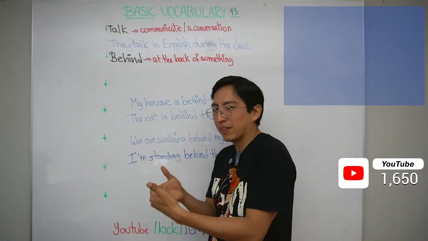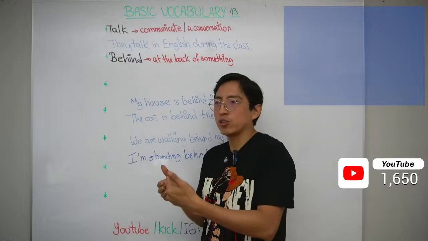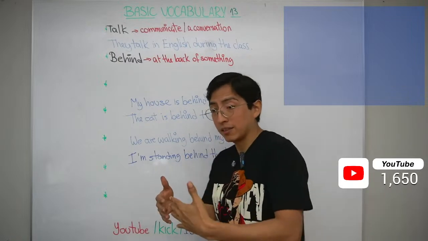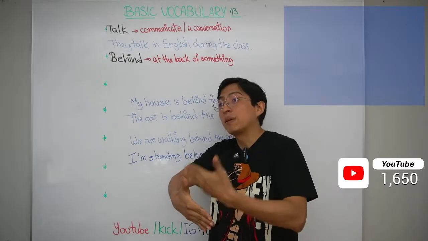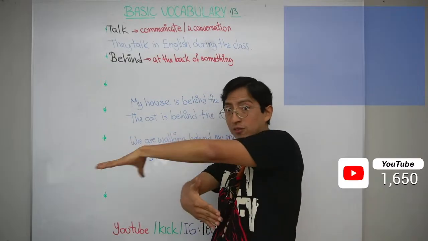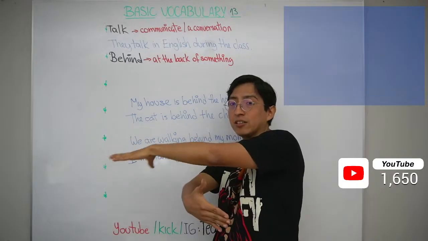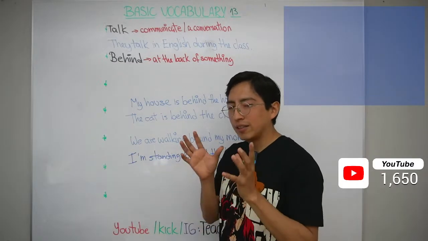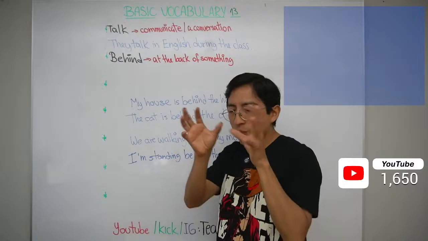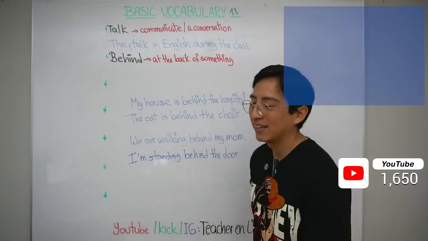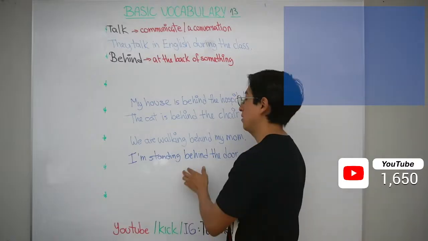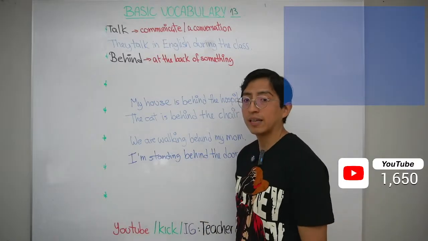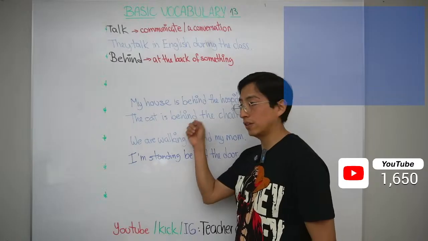So you hid, right? Or you stood behind the door. So this is the door, and you stand behind the door so the person can't see you. Okay? And then when the person is passing, you surprise the person. Yep. I'm standing behind the door, or I'm behind the door also. So this is how you can use this expression.